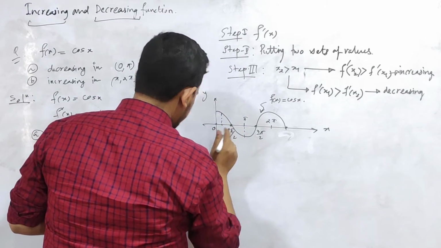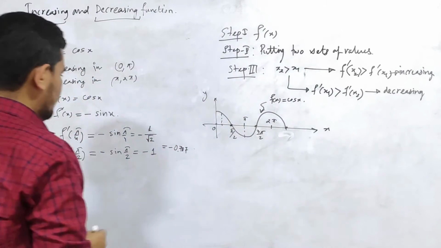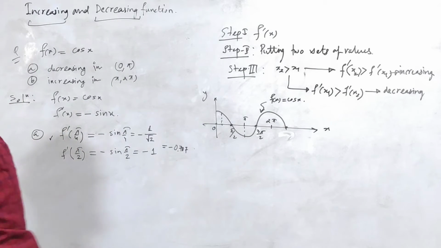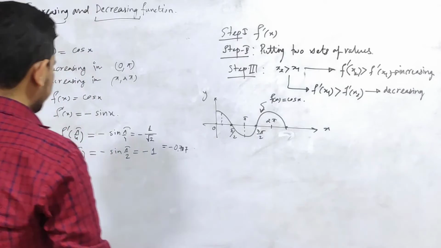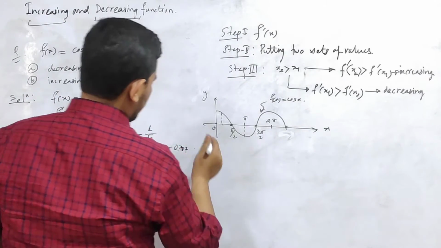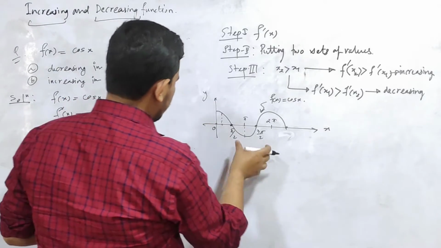This is pi by 4 and this is pi by 2. In this diagram, from f dash of pi by 4 and also f dash of pi by 2, we can see that these slopes are decreasing. When the slopes are decreasing, the curve is also of decreasing nature.